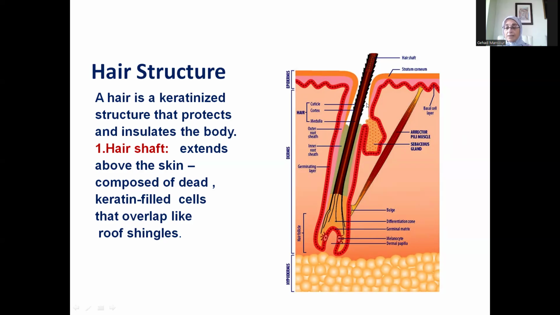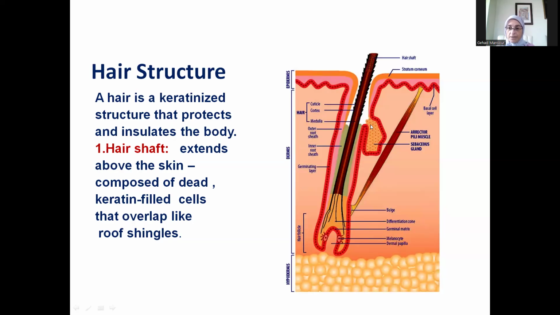The gland that is associated with the hair follicle is the sebaceous gland, and the sebaceous gland, as its name indicates, is a gland that secretes sebum, which is a fatty material.